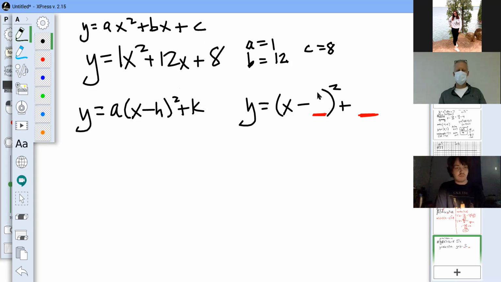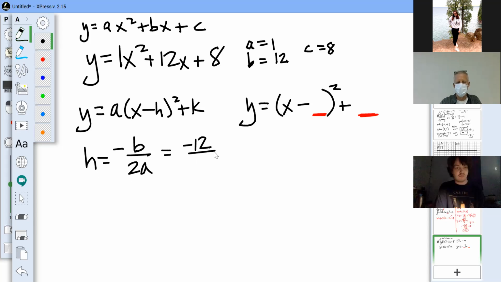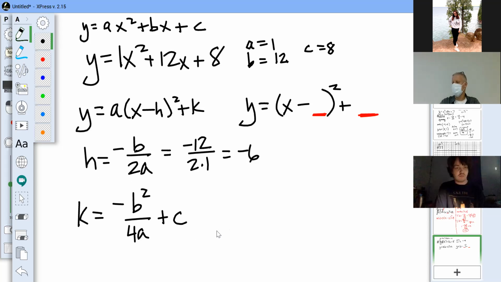Okay? So I'm going to calculate the vertex using those two formulas. The X value of the vertex, in this case it's H, so call it what you want. H is the opposite of B divided by 2A. So I'm going to do the opposite of 12 divided by 2 times 1, and that gives me -6. The K value is the opposite of B squared divided by 4A, plus C. It's just a formula.